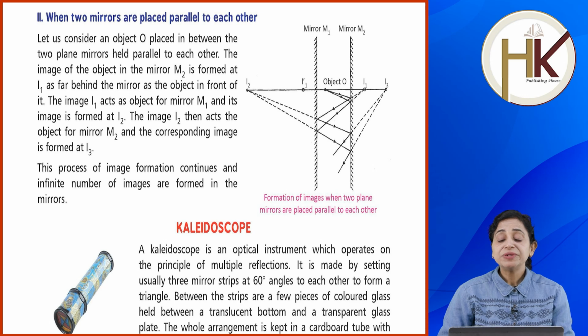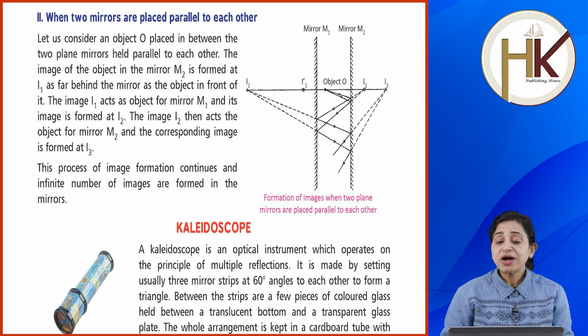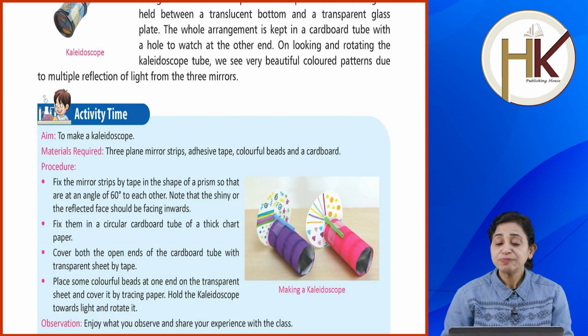Kaleidoscope. A kaleidoscope is an optical instrument which operates on the principle of multiple reflections. It is made by setting usually three mirror strips at 60 degree angles to each other to form a triangle. Between the strips are a few pieces of colored glass held between a translucent bottom and a transparent glass plate.